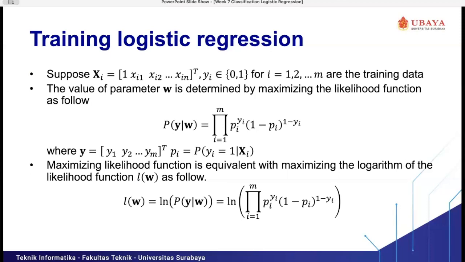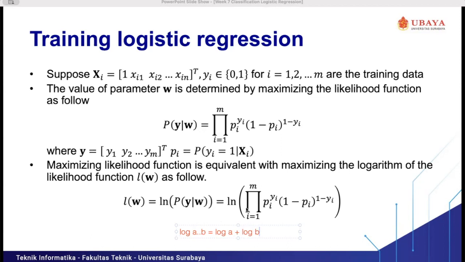The natural logarithm has the same properties as the regular logarithm. If you remember the logarithm properties, I will give the annotation here: log of a multiplied by b is log a plus log b.